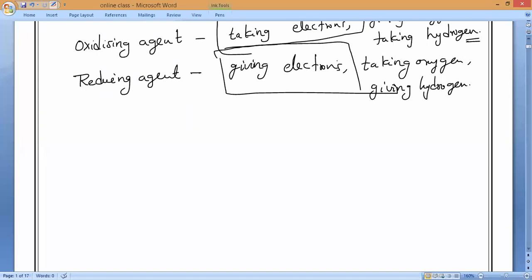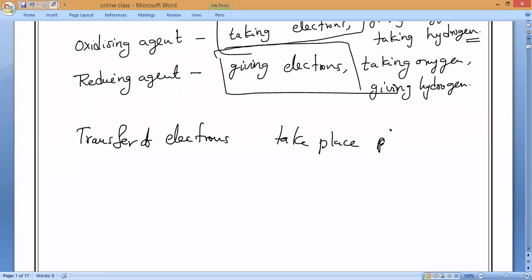Those chemical reactions in which transfer of electrons takes place are called redox reactions.